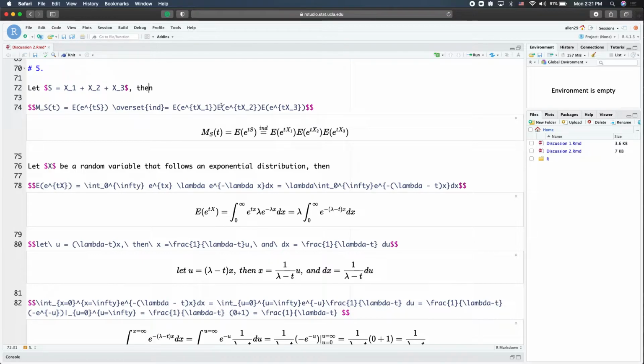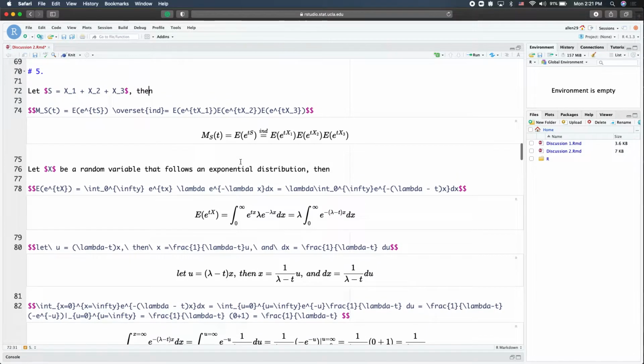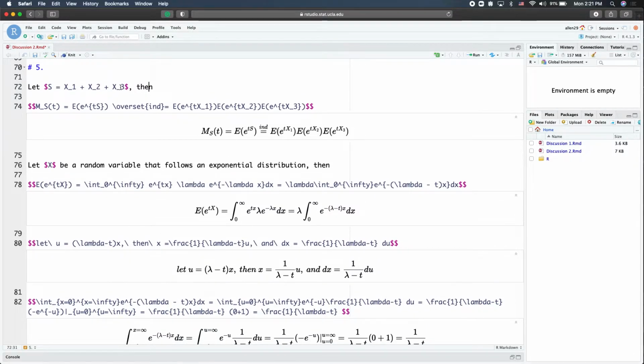And then, again, we are interested in the distribution for S. In order to get that, we can use the moment generating function. So we're talking about the moment generating function with respect to the random variable S. And S can be decomposed into the product of the moment generating functions of the individual components, in this case x1, x2, and x3, where each of them follows an exponential distribution.